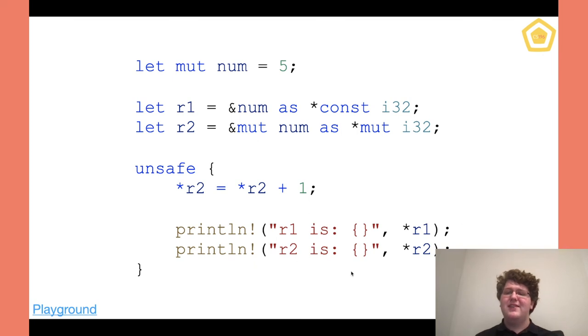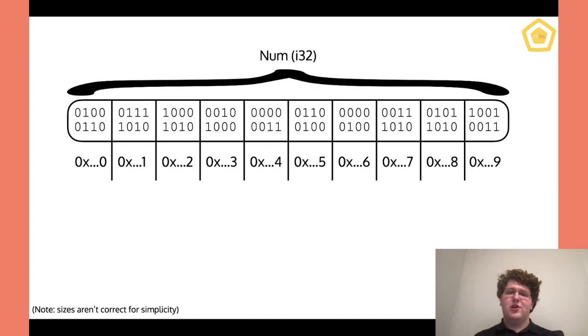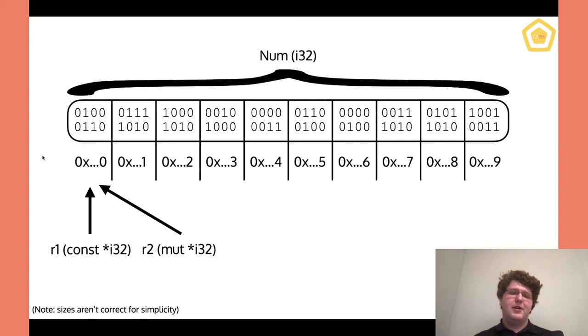And both cases of this memory change, and the best way to see that is if we go ahead and show this example, right? Here's R1. R1 points to some data somewhere. And now we're going to create R2, which is mutable, and we're going to point it to the same data. Rather than changing some value in R2, what we're doing is we're changing this data that both of these point to.